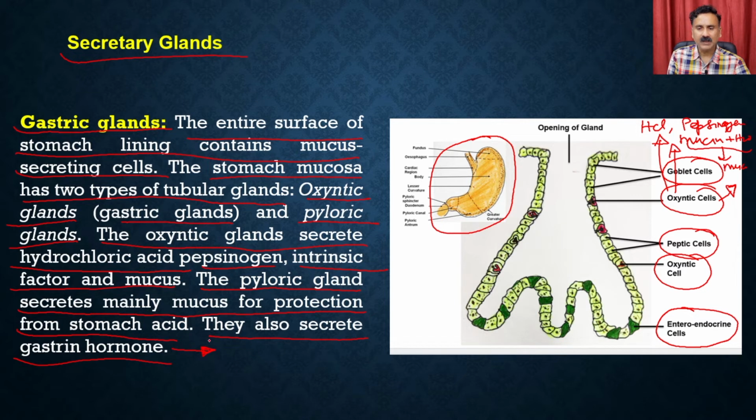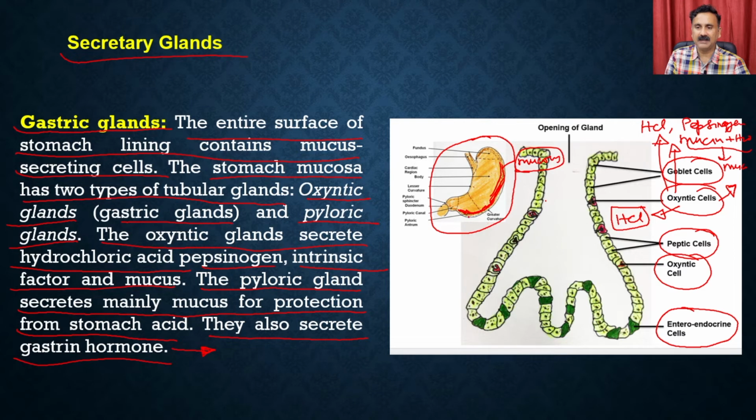So, what you see here is that the oxyntic cells secrete a very large quantity of HCl, and you know that HCl is a very corrosive acid, but HCl does not affect the inner lining of the stomach because the inner lining is protected by the mucus. It has a very thick layer of mucus, and this thick layer of mucus is going to protect the wall of the stomach.